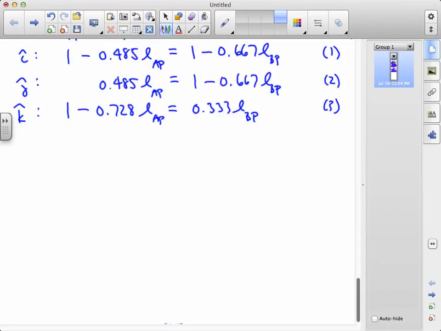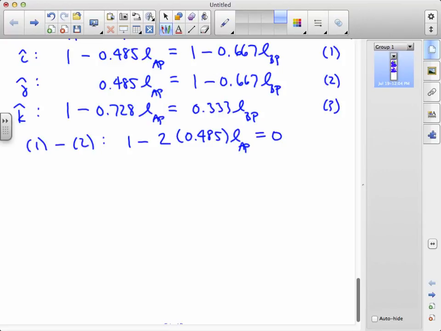If I take equation 1 and subtract from it equation 2, the right-hand side disappears because I've got the same right-hand side for both equations, and what I end up with is 1 minus 2 times 0.485 times the length of AP equals 0.